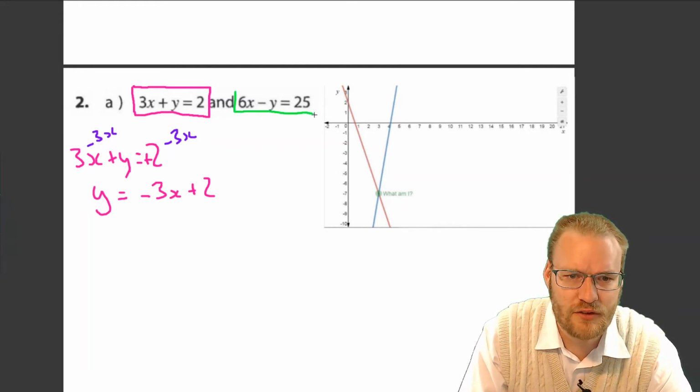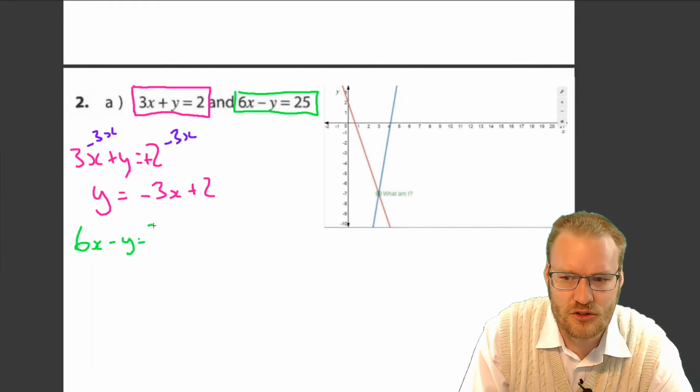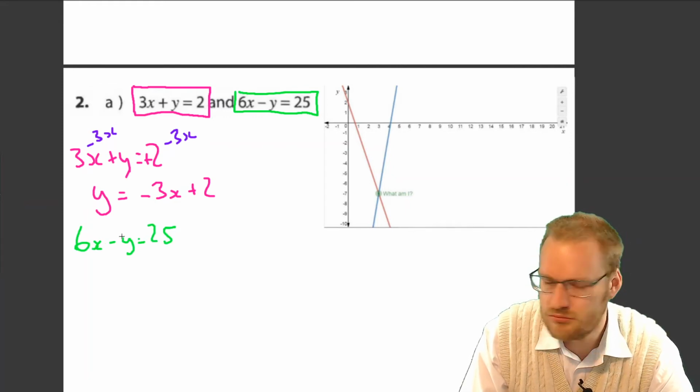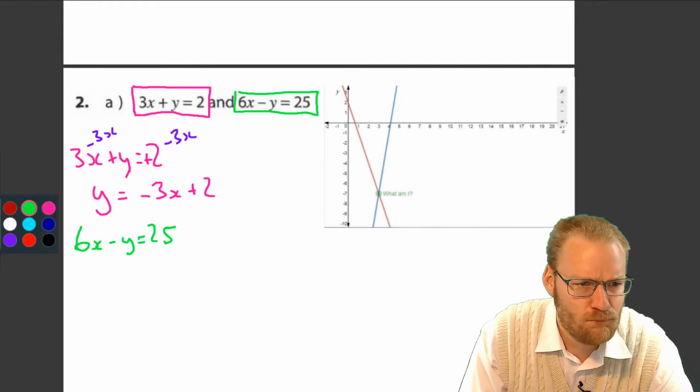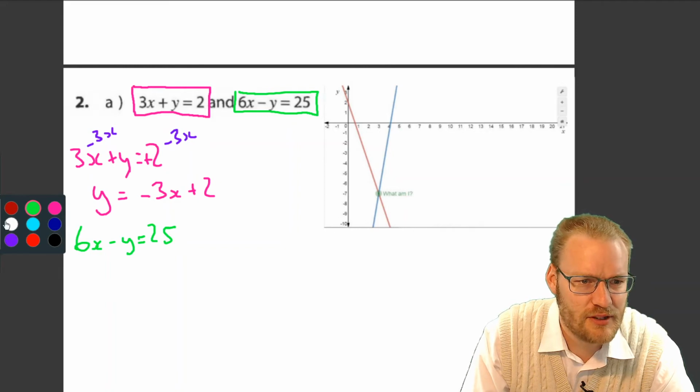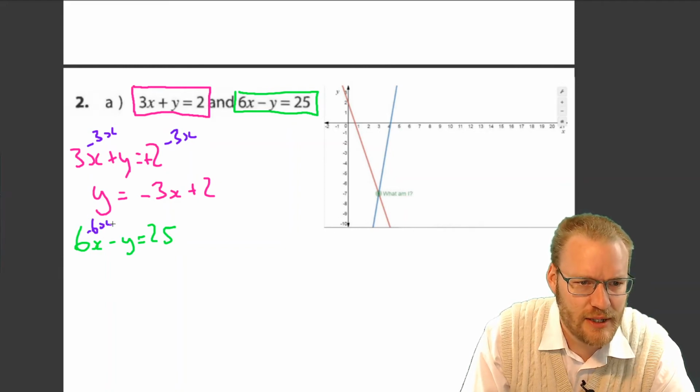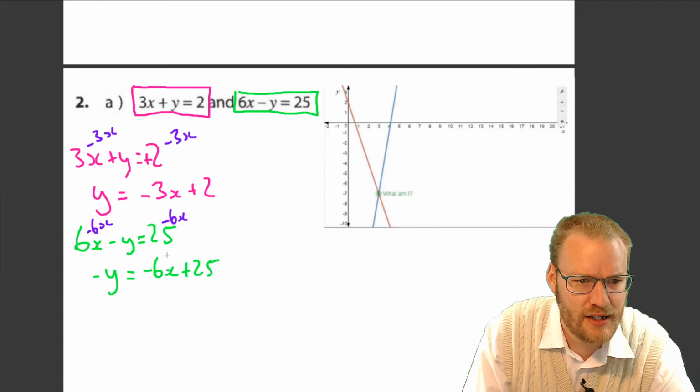And for our other graph, we've got 6x minus y equals 25. Let's do this in the way that we have been doing it: it's minus 6x, so we're left with minus y equals minus 6x plus 25.